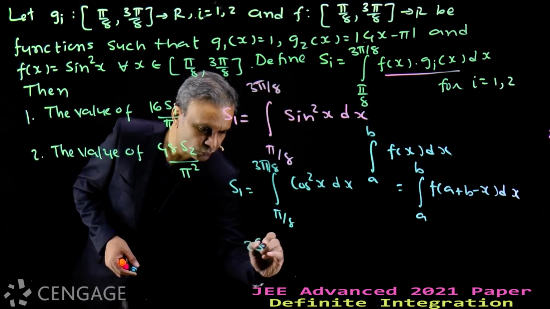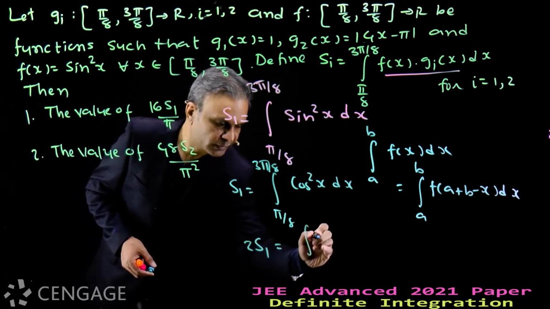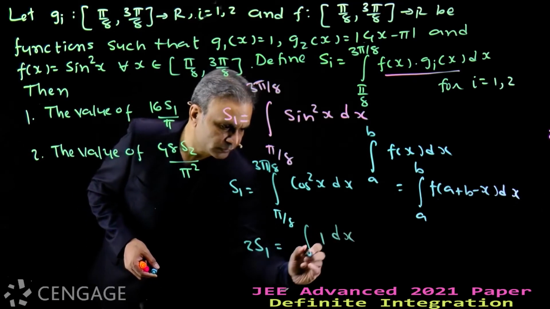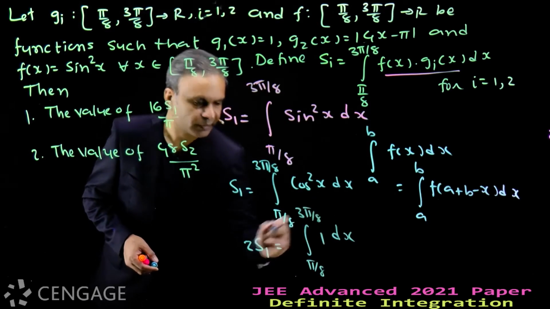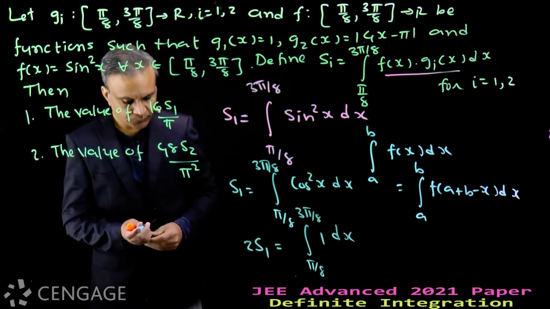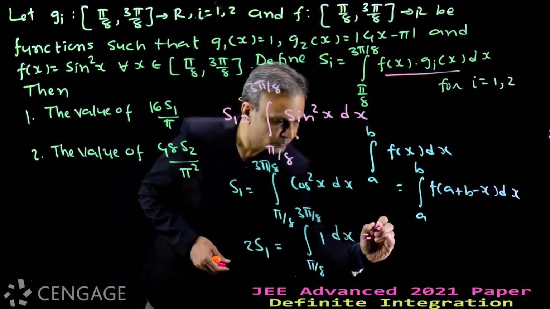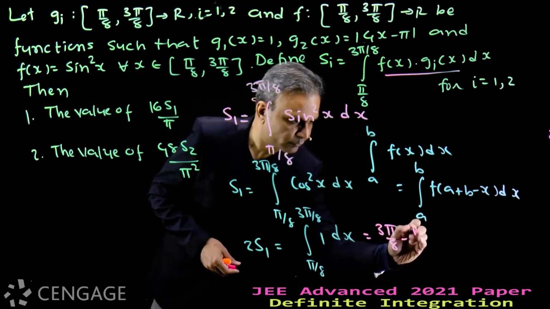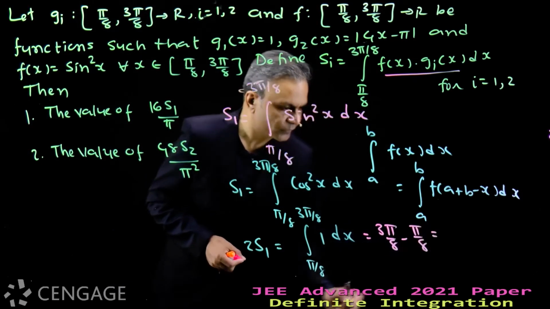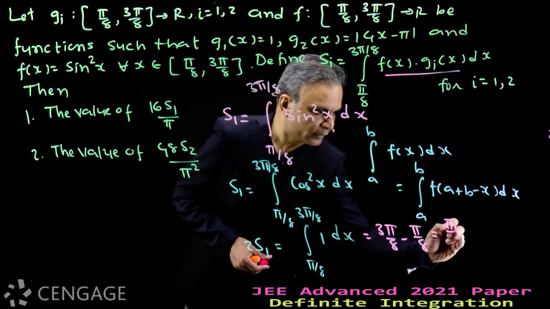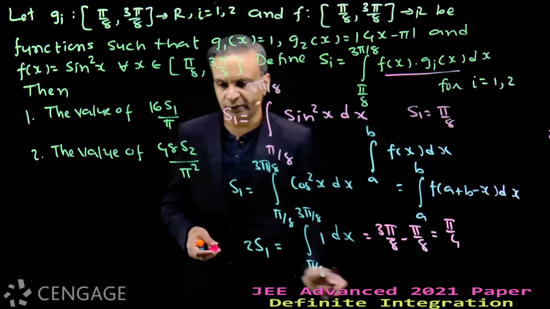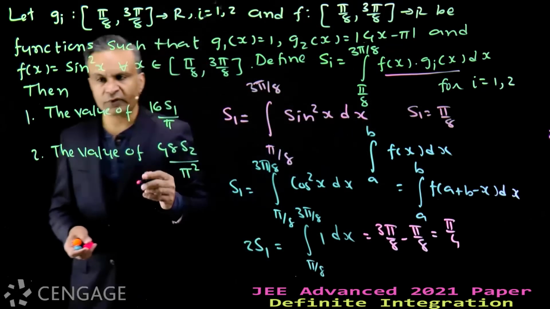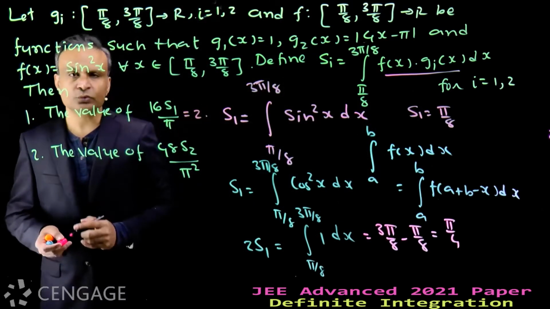We get 2 S1 is equal to integration of 1 from lower limit pi by 8 to upper limit 3 pi by 8. So this will be 3 pi by 8 minus pi by 8, or pi by 4. So the value of S1 will be pi by 8. For this value here we get 16 S1 over pi is equal to 2.